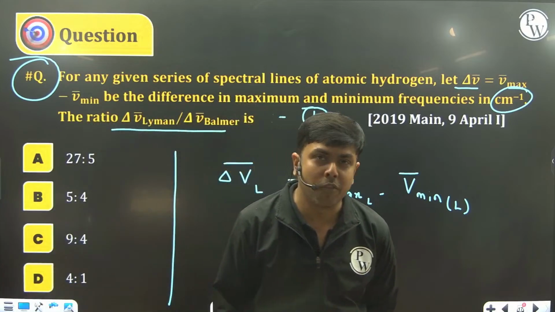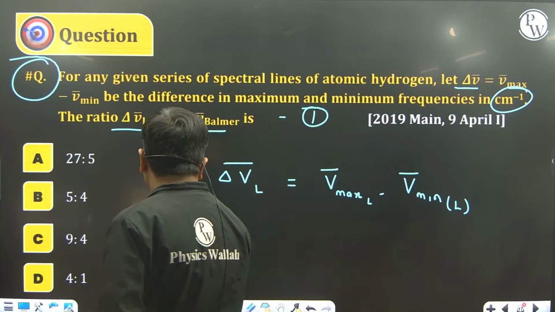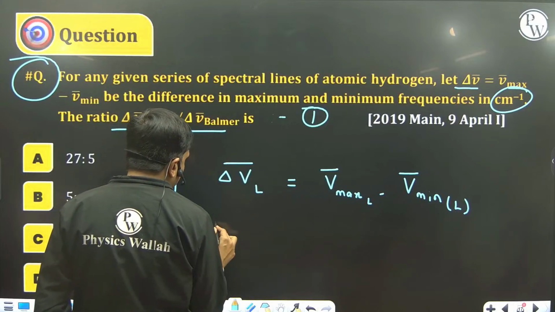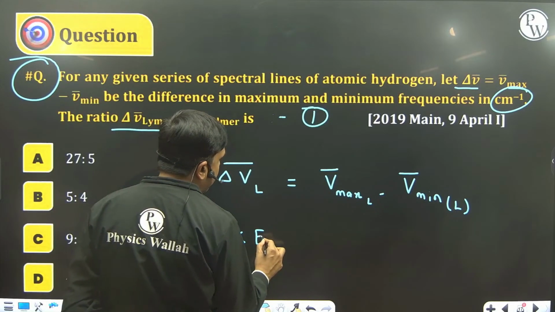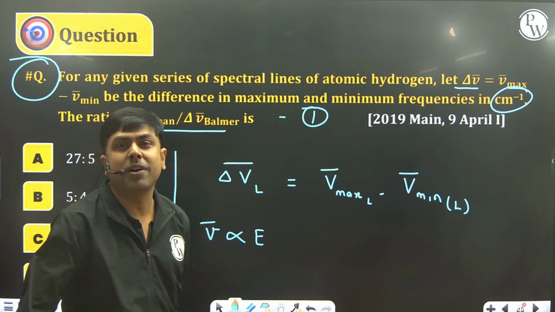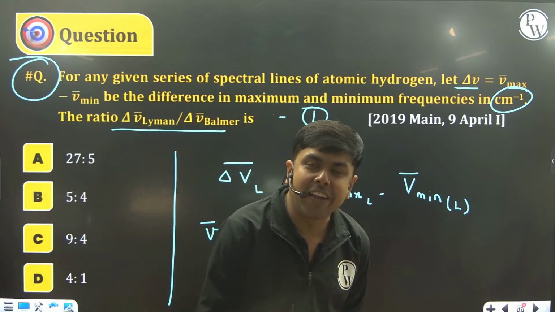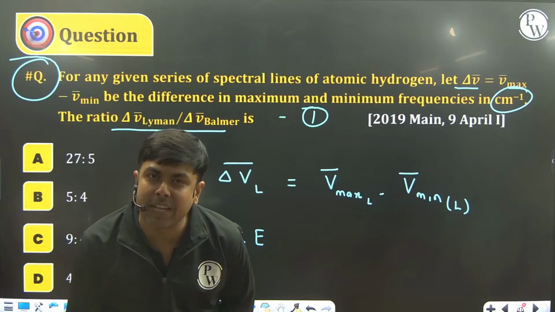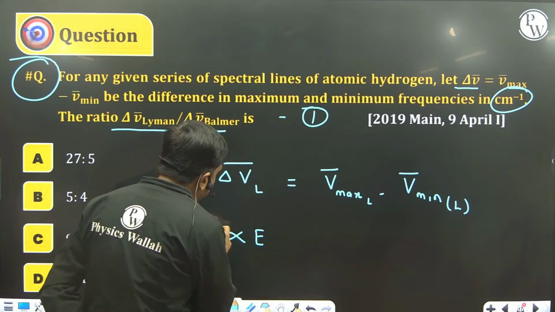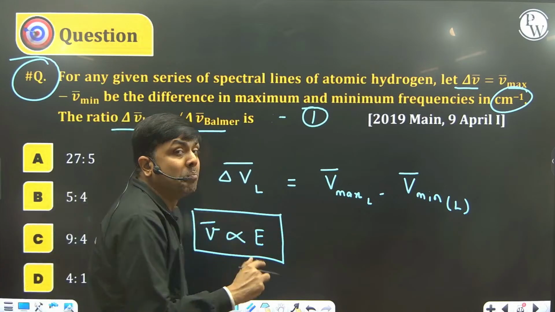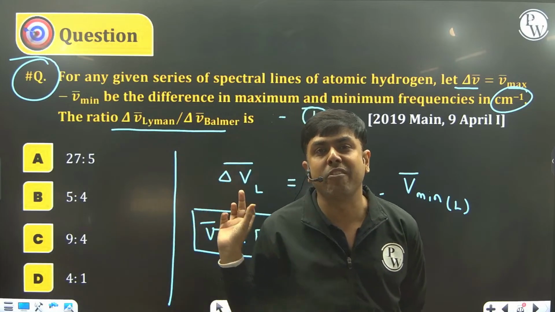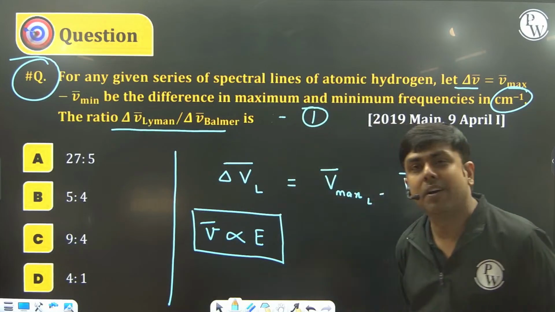That's nothing but wave number, 1 by lambda. I say this mu bar is directly proportional to energy, because this mu bar is nothing but 1 by lambda, right? And energy is also hc by lambda. So mu bar is directly proportional to energy. More is the energy gap, higher will be the magnitude of mu bar, right?